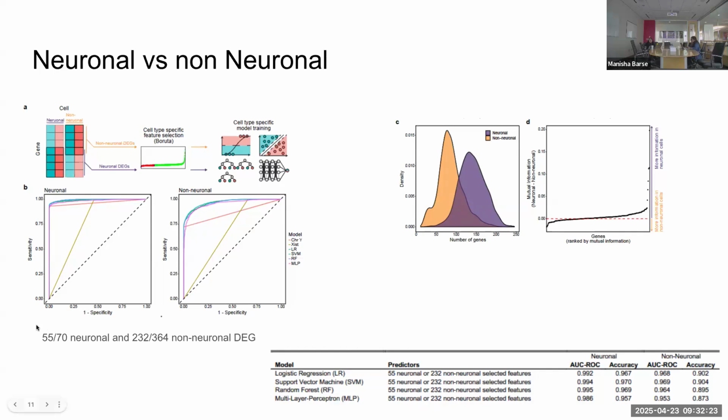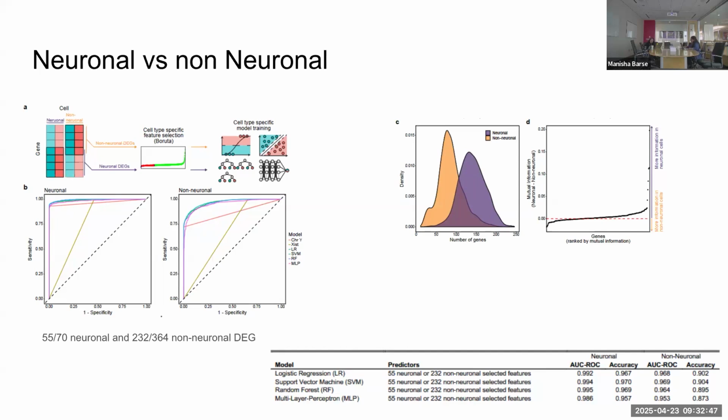I forgot to say that they are using 55 of the 70 neuronal and 232 of the 363 non-neuronal tags. These are identified after the feature selection from Boruta, the 55 neuronal and 232 non-neuronal differentially expressed genes.